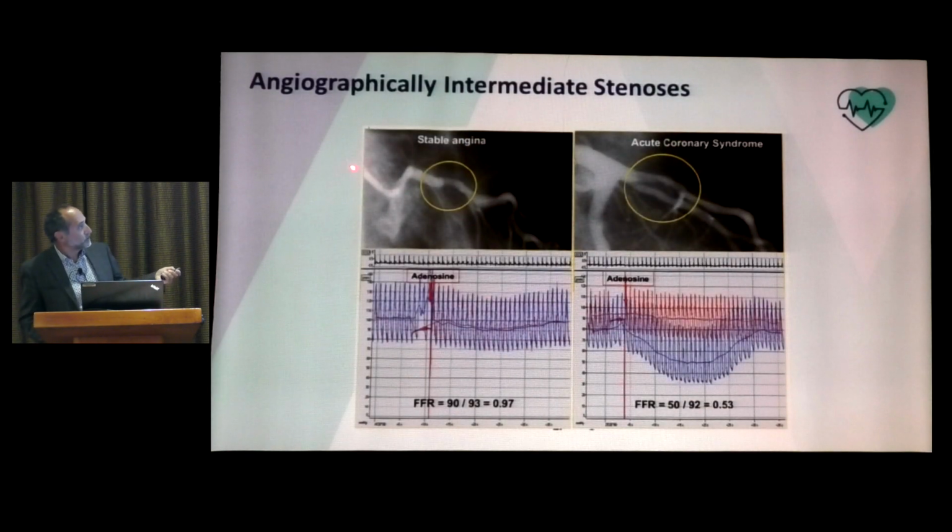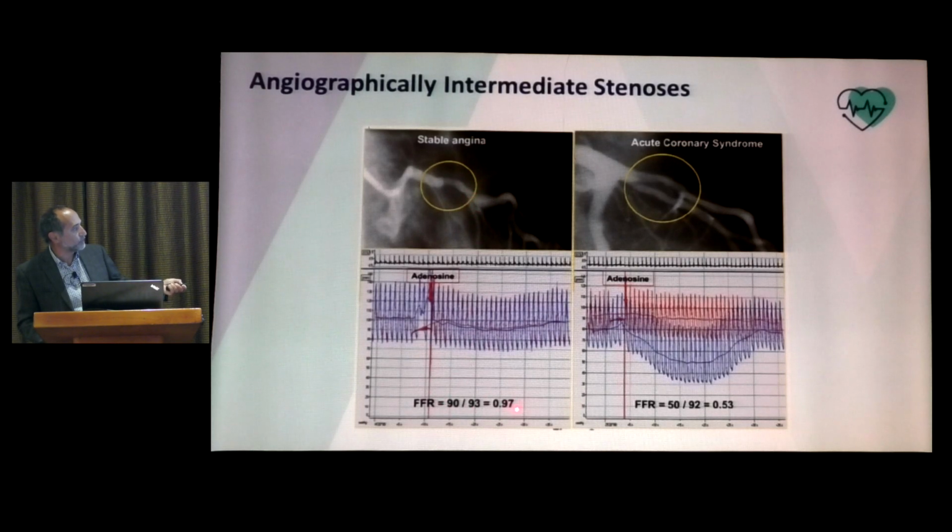Look at this. These are two lesions, I think this is the LAD. This is a patient with stable angina, and this is the lesion under assessment, and this is a patient with an acute coronary syndrome. And if you look at both coronaries, you can probably come to the conclusion that they are the same. The amount of stenosis in this lesion is exactly like this lesion. But look what happens when you do FFR.